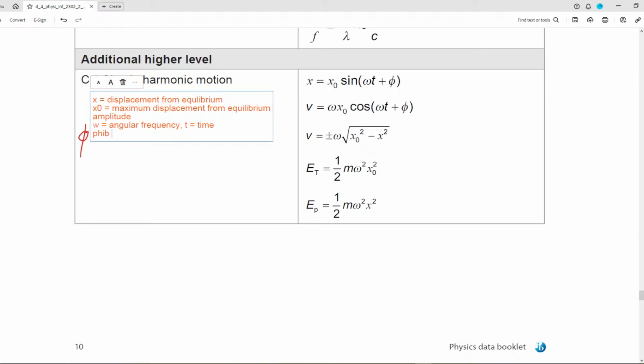Phi here is what we call phase shift. I'll call it initial phase, because that's where the position starts. If you start at the equilibrium, phase shift will be 0. If we start at maximum, phase shift will be pi halves and so on.